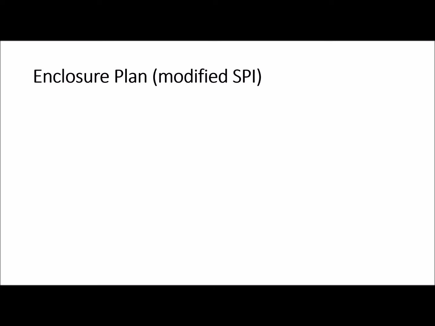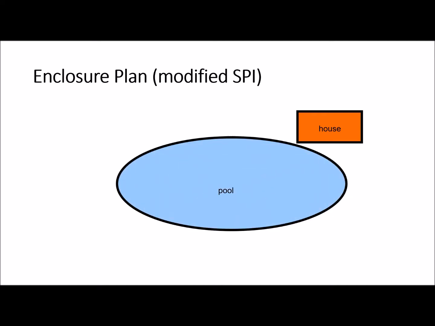The modified SPI is the example calculation that I will be using in this example. Instead of splitting the entire exhibit into areas of equal size, the modified SPI calculates area based on the specific zones that the animal has access to. In this case, the house would be a zone, the pool would be a zone, the feeding area would be a separate zone even though it's contained within the pool. The nesting area will drive behaviour in a particular direction at particular times of the year.